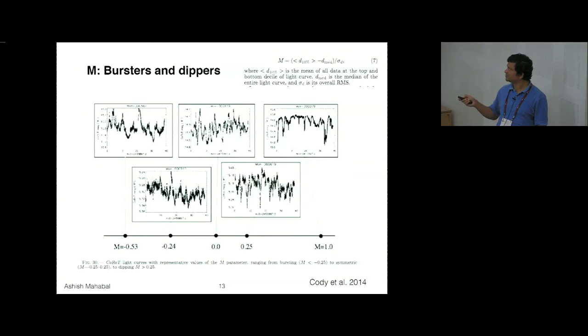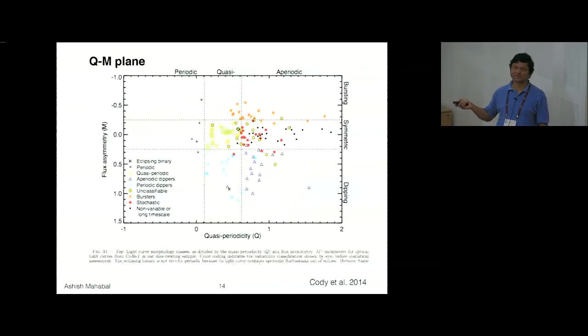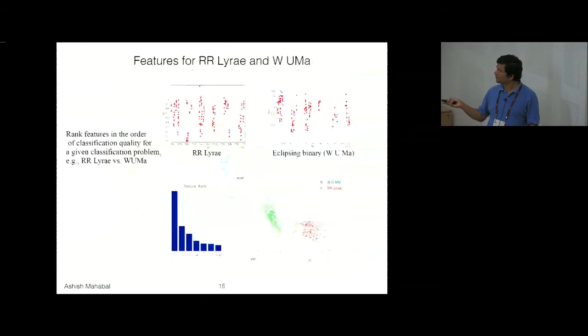Here you have got more dips, so it goes to a larger positive number. And then when you use Q and M together, you get something like a QM plane, which starts separating some kinds of objects. Again, for specific kinds of objects, this can be a very good thing, but how to combine that with all the other features becomes an important, interesting problem.